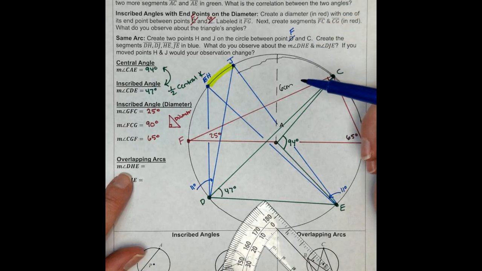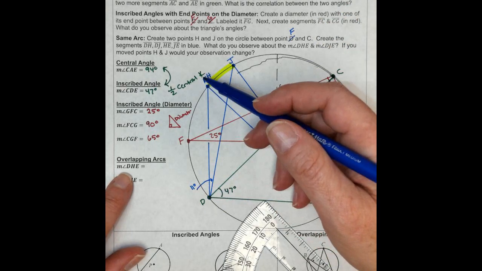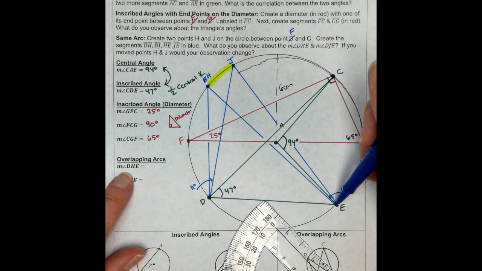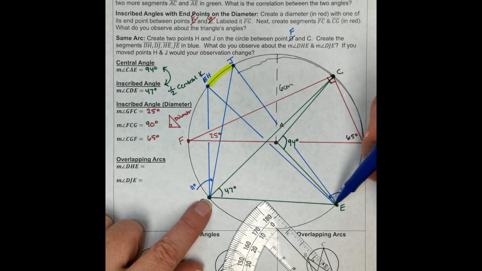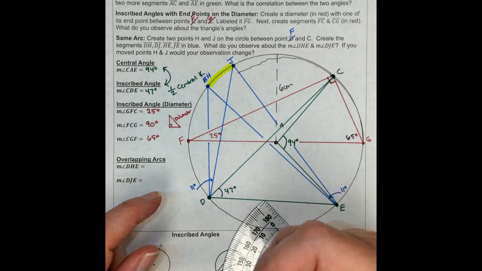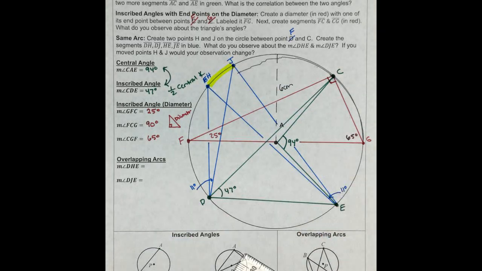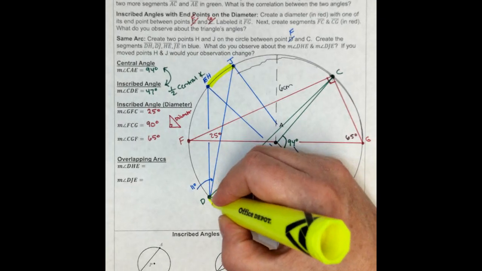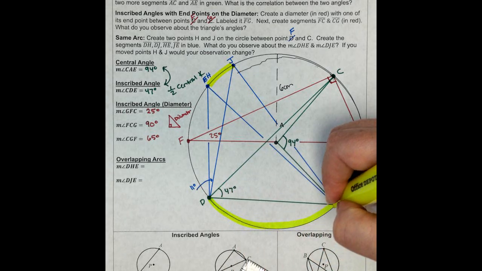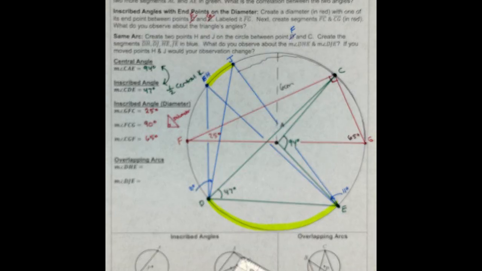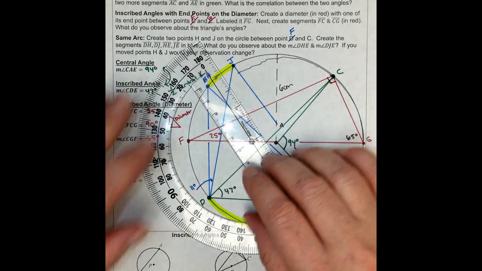So if I'm looking at DHE, going the opposite way from up here, and DJE, aren't they sharing the same arc down here as well? So these angles should also be congruent.